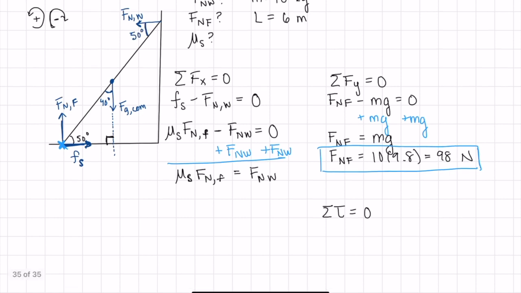So when we take our torques, our FG center of mass is going to be negative. So we'll have a negative torque from the center of mass, and the normal force from the wall is going to give us a positive torque.